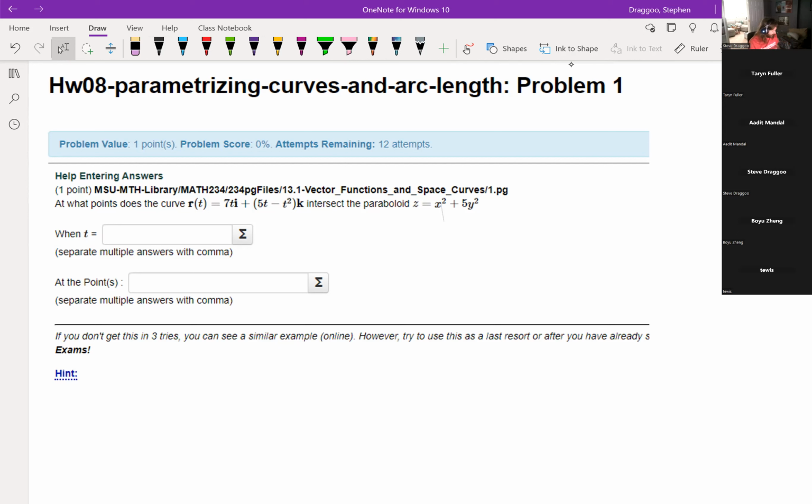So I'm going to take the x, y, and z components out of R and plug them into our other equation. So it'll look like this. Note over on our curve, which is R of t, we only have an i and a k component, which means the j component, the y component, is 0.